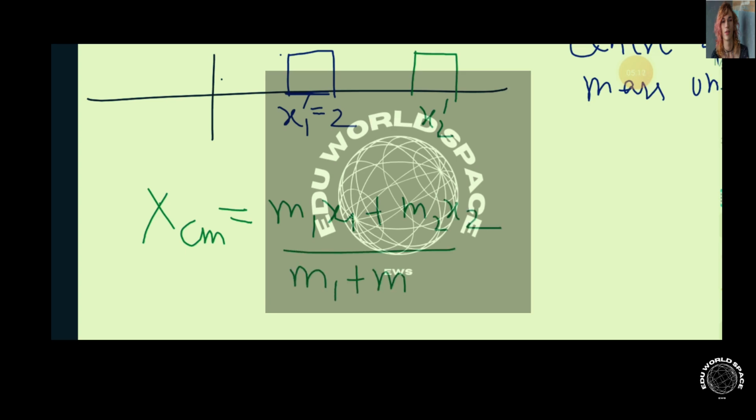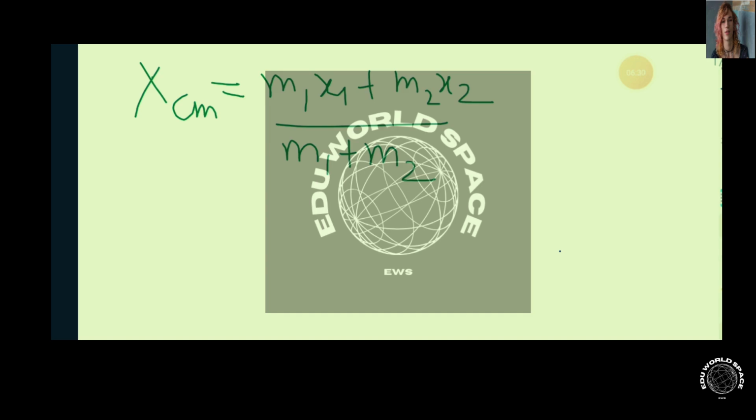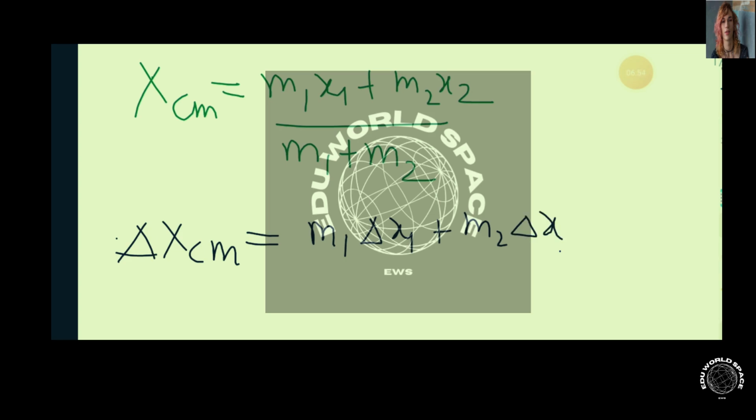Or for the change in position of coordinates, delta xcm, the change in x coordinate of center of mass, is equal to m1 delta x1 plus m2 delta x2 divided by m1 plus m2.